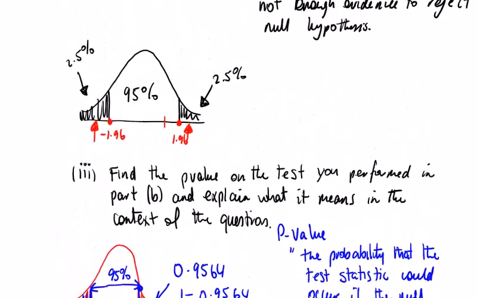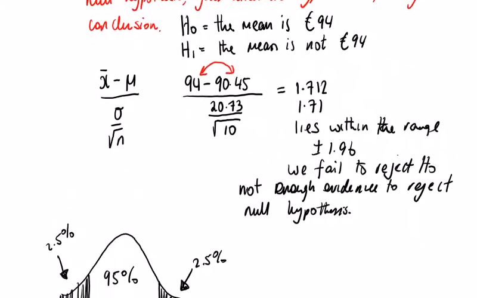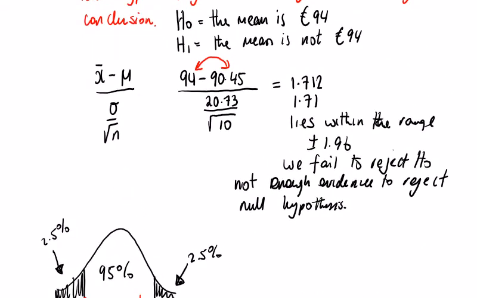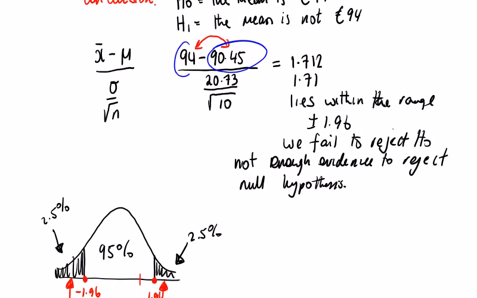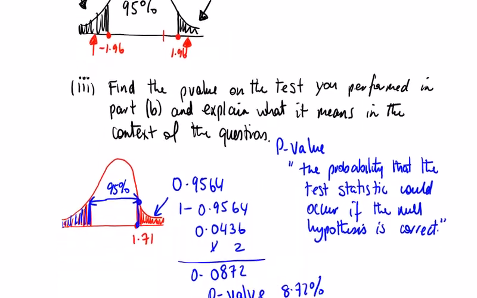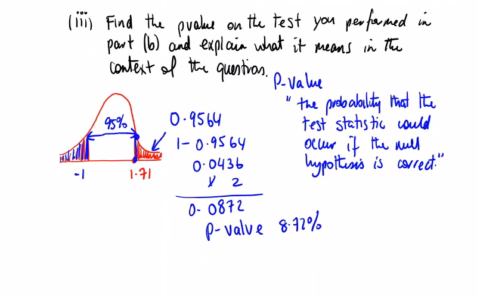Either way around, we would have had minus 1.71 or 1.71. And what this p-value suggests is there's an 8.72% chance of my test statistic being the actual mean.